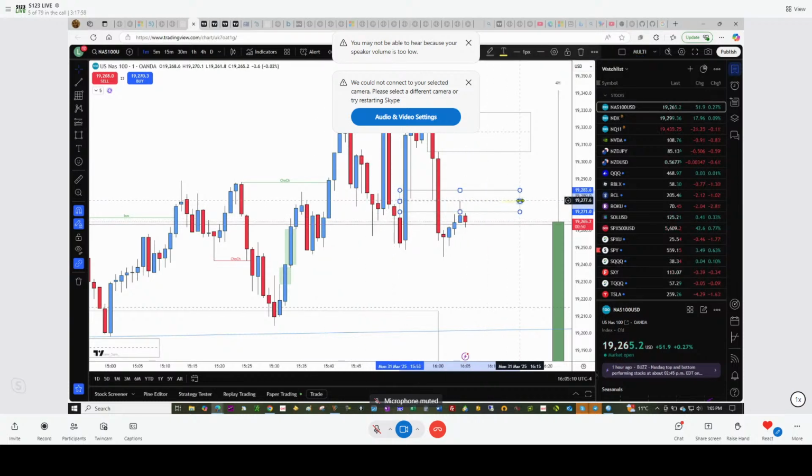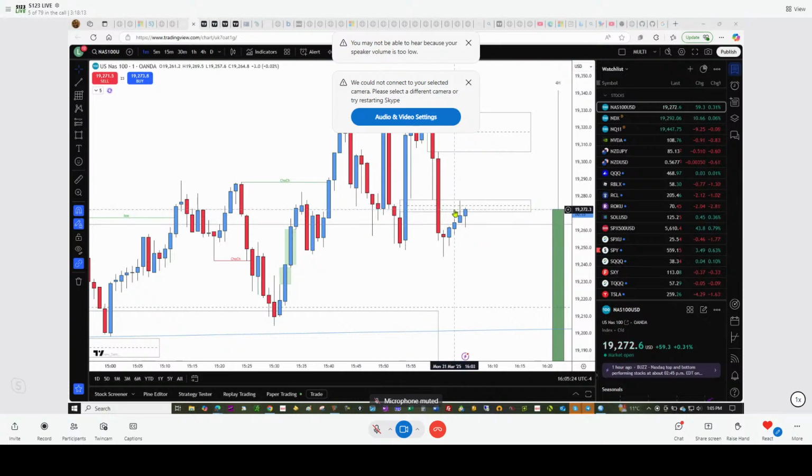So you want it to go back up at least 50% ideally, but there's no guarantee of that. You don't want to see them just turn back here to go down.